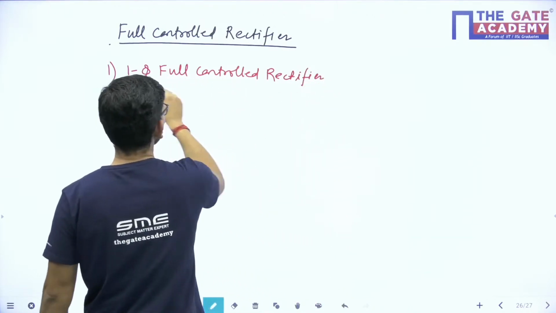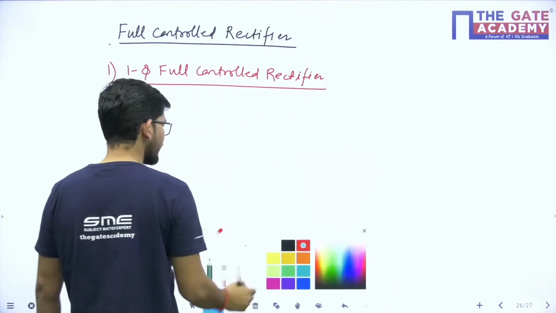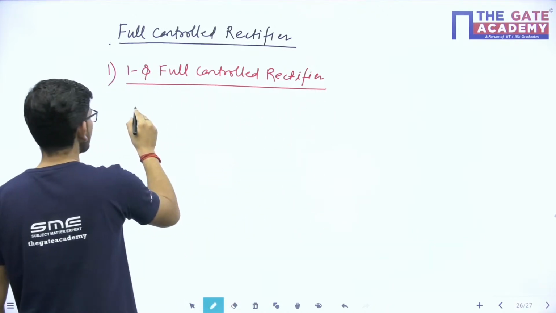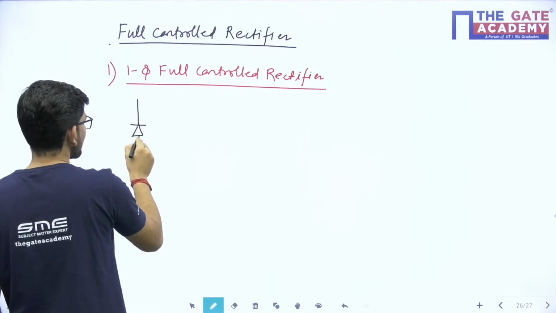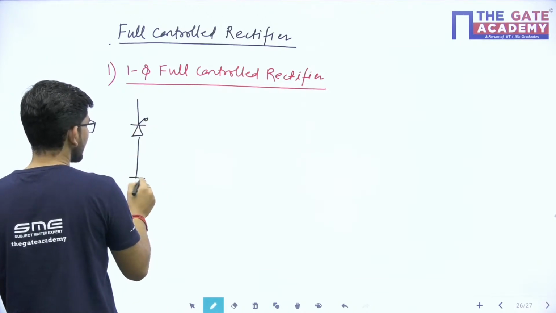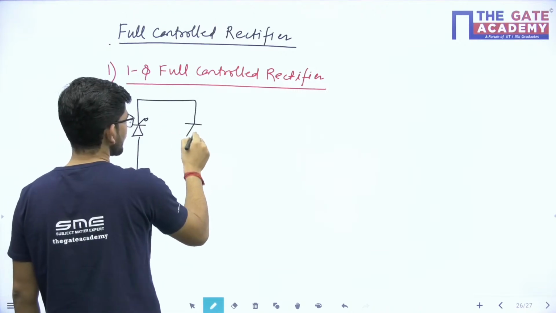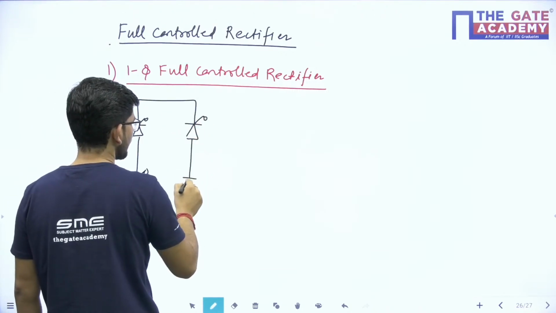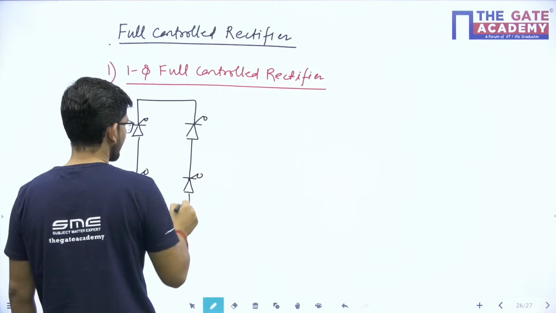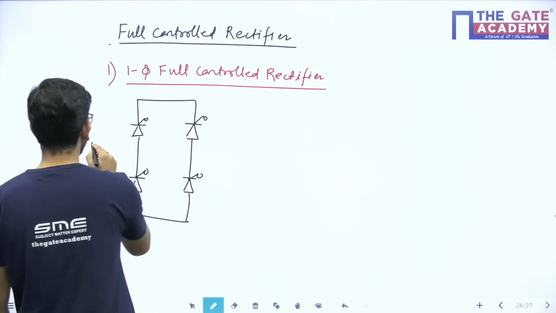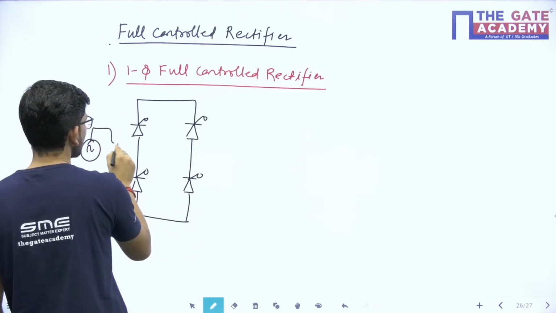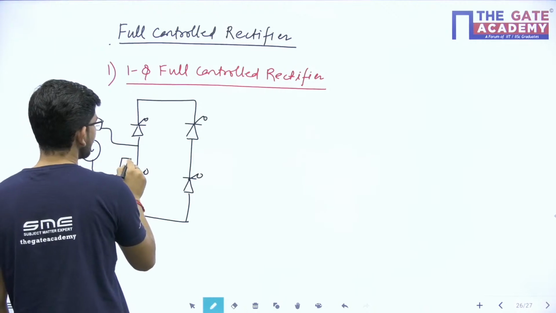in case of single phase full wave controlled rectifier, what is the circuit diagram of it? So we have 4 thyristors connected in this particular manner, and we have an AC source connected between them.